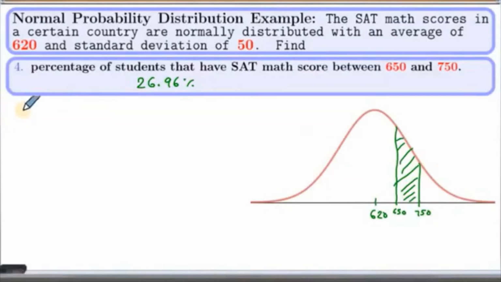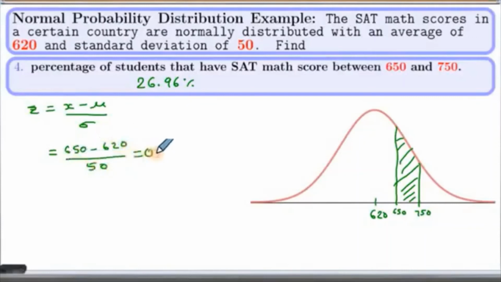We know the formula for z is x minus mu over standard deviation. When we are trying to find z for 650, our x is 650, our mean is 620, and our standard deviation is 50. So this comes out to be 0.6.